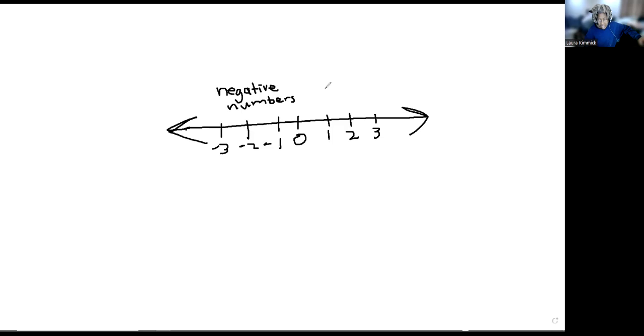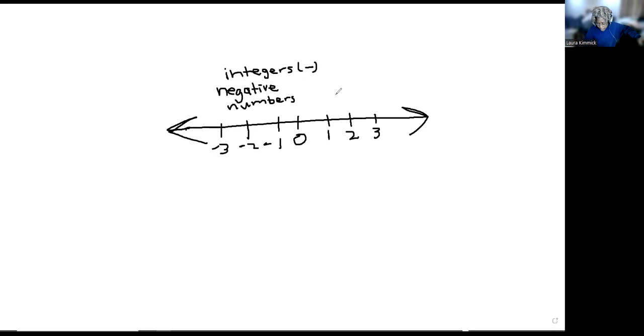And of course, they're also known as negative integers. Integers are whole numbers, whether they're positive or negative.